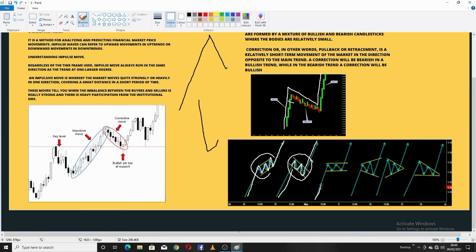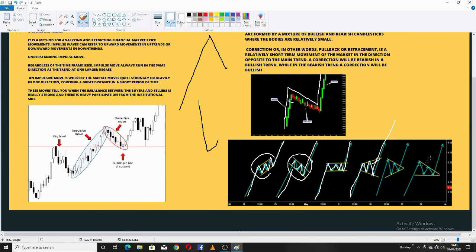And then here we have another impulsive move, and then we have a rectangle or a channel, and at the break of the channel we are pushing up. And then here we have another impulsive move and a correction, and after the break we are pushing.